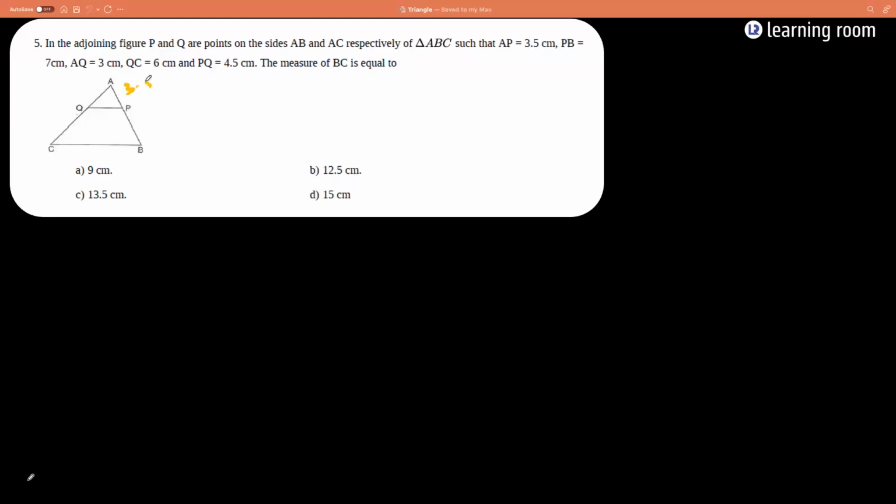So AP is 3.5, PB is 7, AQ is 3, QC is 6, PQ is 4.5. Then the measure. So 9.